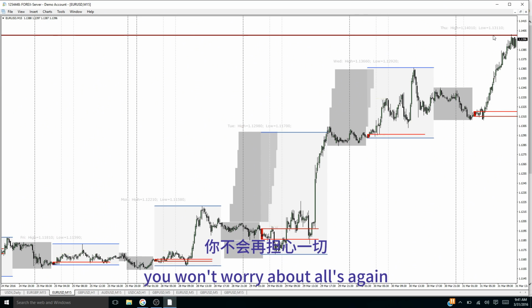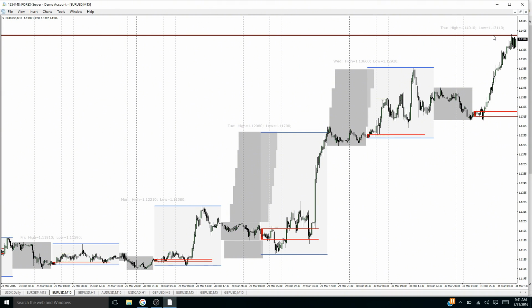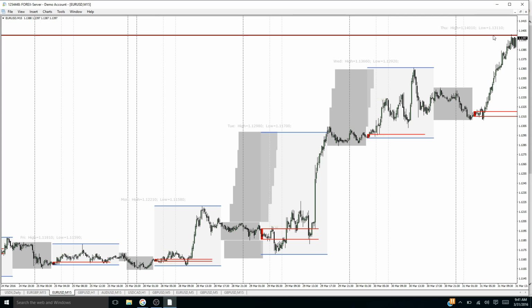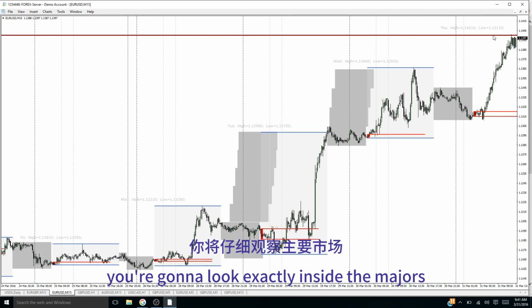You won't worry about Aussie yen, dollar Swiss, euro yen, Aussie Kiwi. You won't be looking at all these crosses. You're going to look exactly inside the majors.